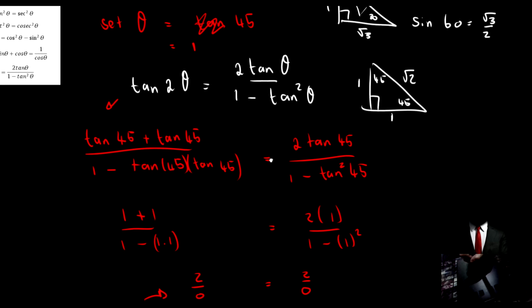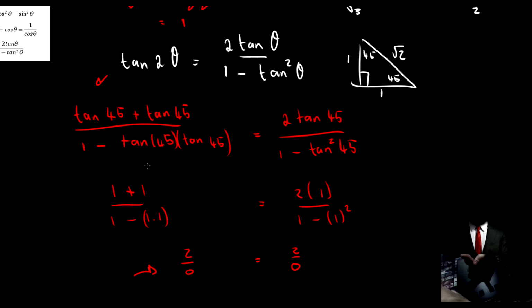Okay, but at this point we can already see that, well, let's have a look. The tan of 45, the tan of 45, so tan squared 45. And then over here we can see tan of 45 plus tan of 45, which is in fact equal to 2 tan 45, because there's 2 of them, right? So 1 plus 1 in this case, and in this case we have 2 times 1.